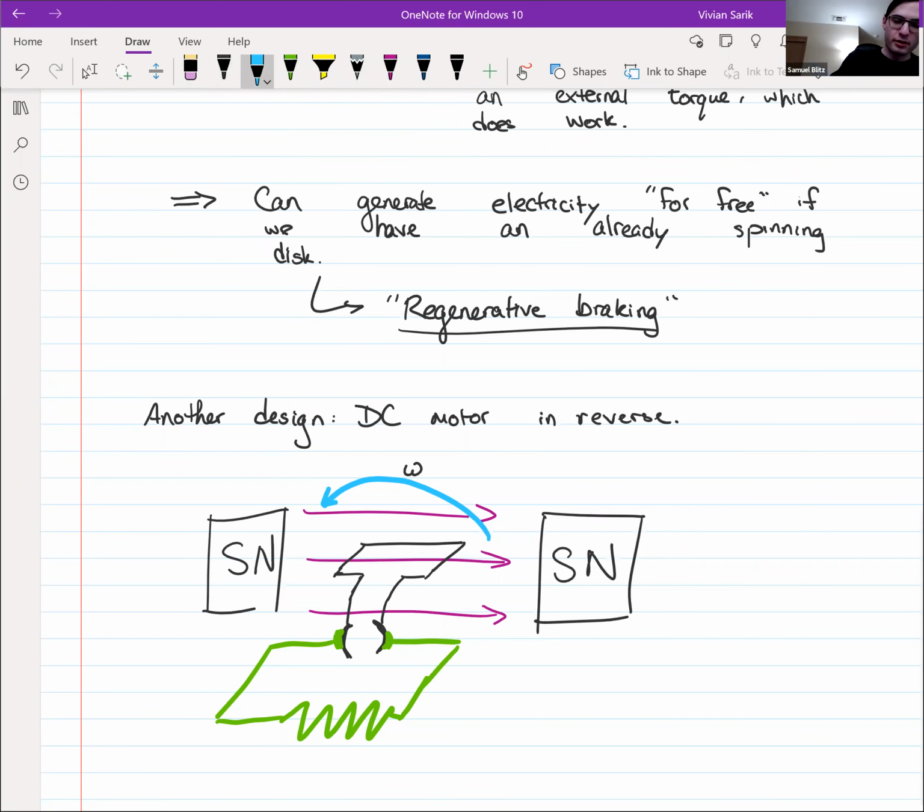Let me not use blue for that. And I challenge you all to check this at home on your own, but it'll produce a current that ends up going this way. And in fact, it'll always produce a current that's going that way because of the brushes.